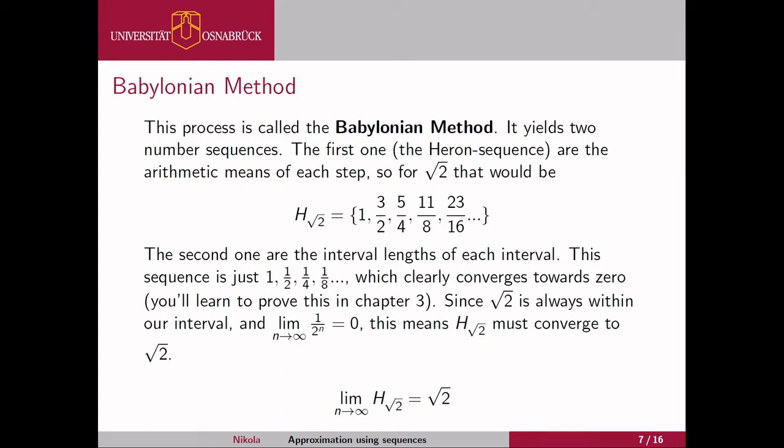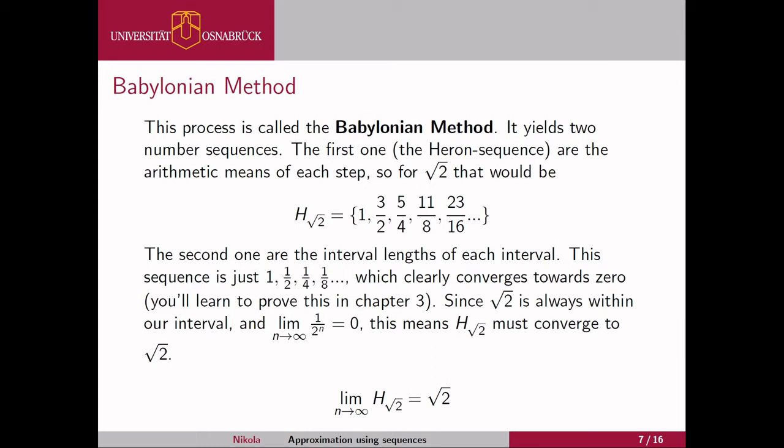And since every single time you create a new arithmetic mean, your total interval length shrinks to half, this also means that every new term in your sequence is closer to root 2 than a previous one. This means, should this converge to root 2, we get an approximating sequence.